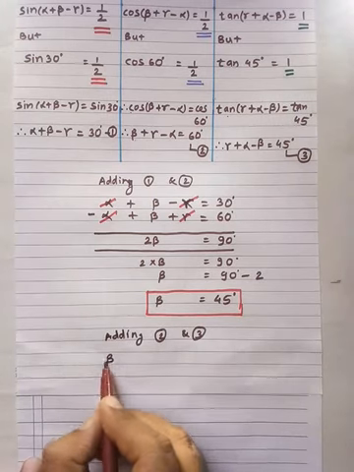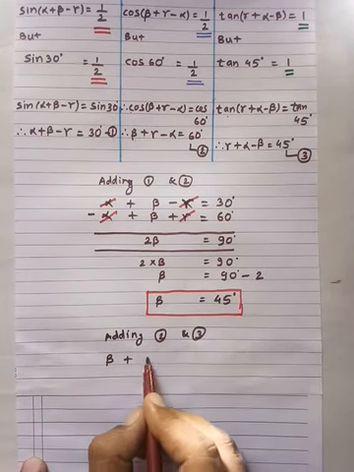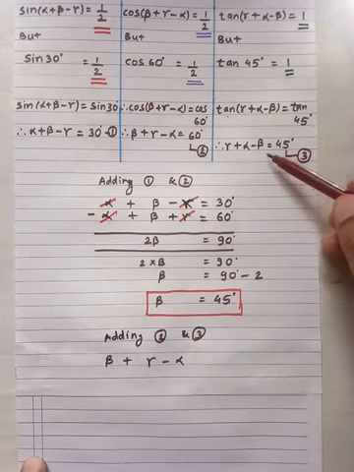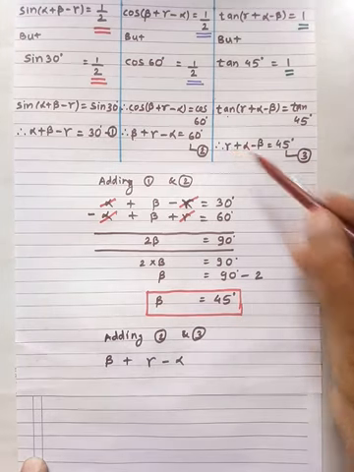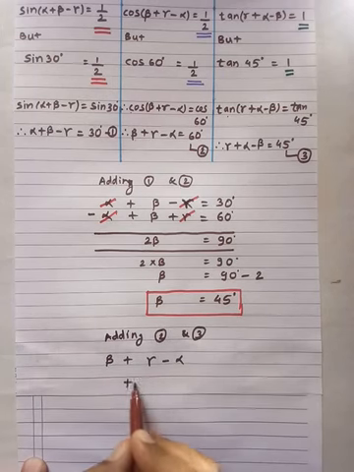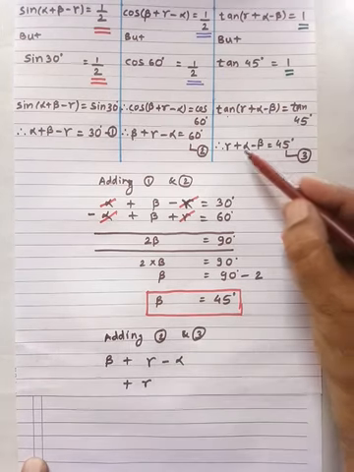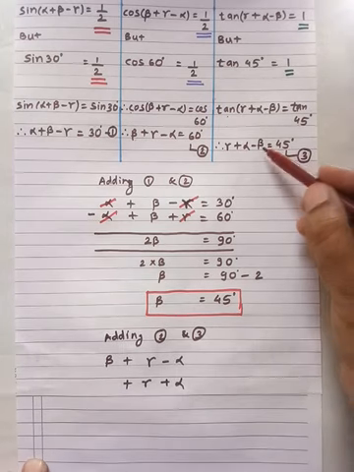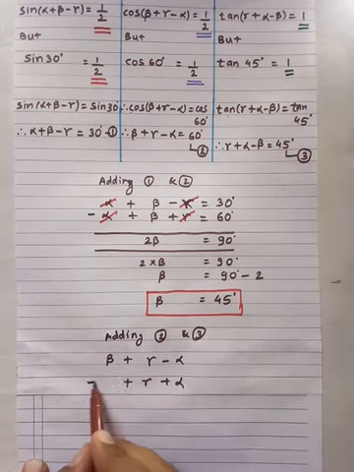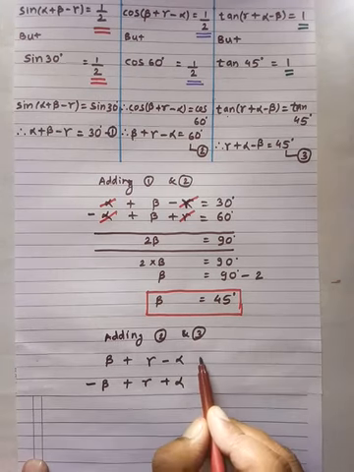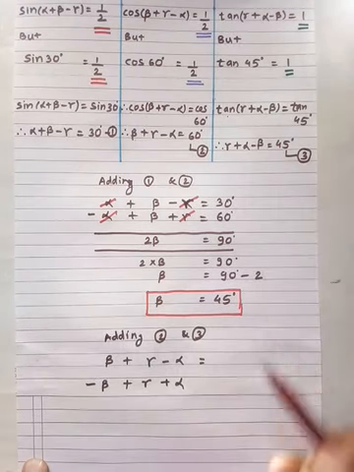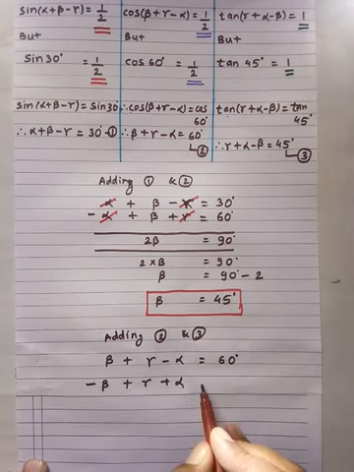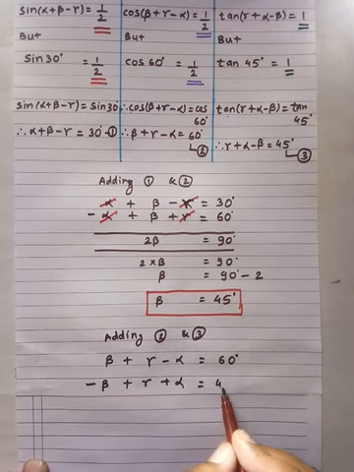Beta plus gamma minus alpha, below this taking the third equation: positive gamma below the positive gamma, positive alpha below the negative alpha, minus beta below beta. The second equation's value is 60 degrees and the third equation's value is 45 degrees.